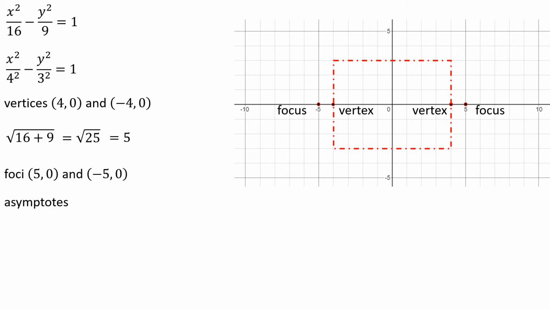So notice I went up 3 units and down 3 units. So that rectangle from the origin goes 4 units to the left and 4 units to the right because of the 4 squared. It goes 3 units up and 3 units down because of the 3 squared. The diagonals of that rectangle are my asymptotes.